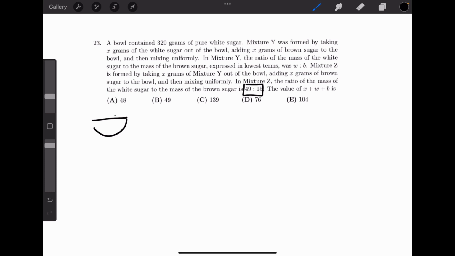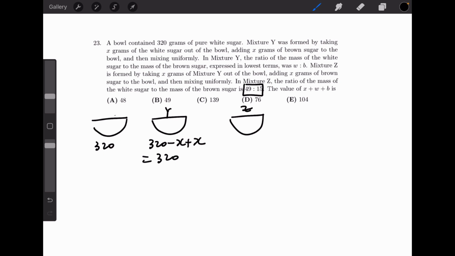In the initial mixture, we have 320 grams of white sugar, and in the mixture Y, we have X gram of white sugar taken out and X gram of brown sugar added in, so the total mass of sugar is still 320. And in the mixture Z, we have X gram of sugar taken out from mixture Y and X gram of brown sugar added in, so the total amount of sugar is still 320.